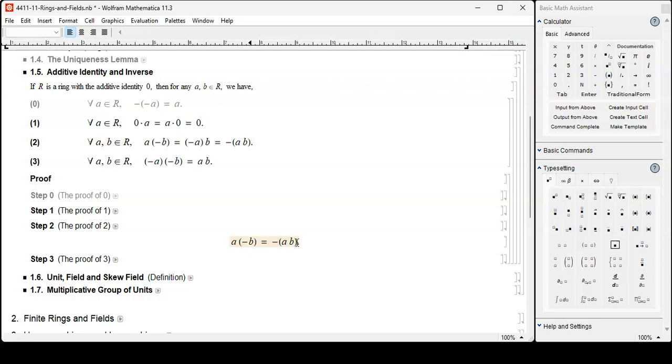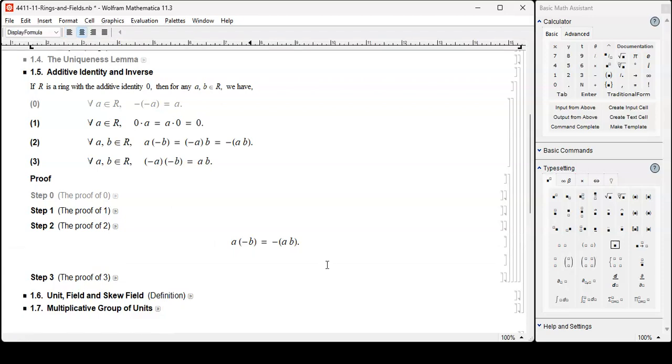So how to prove this is negative of that? Negative of that, that means this thing is the additive inverse of a times b. Make sense? That's what this negative is talking about. The additive inverse of. So what's the additive inverse? They add up to 0.